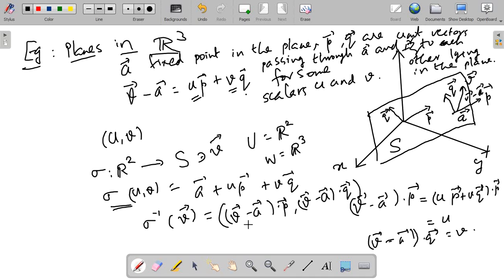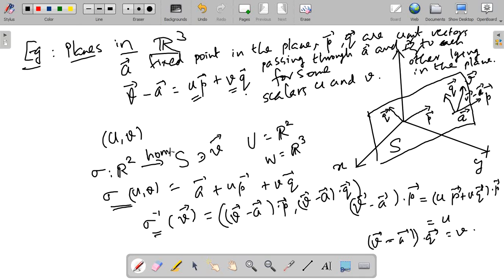Now inner product is a continuous mapping. Vector addition or subtraction is also a continuous mapping. And you have continuous mappings in both coordinates, so the ordered pair is also going to be continuous. So sigma inverse is continuous. Thus sigma is a homeomorphism.